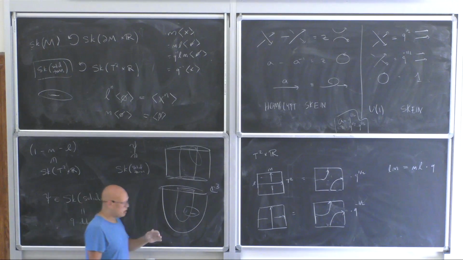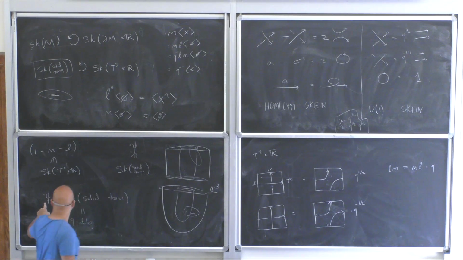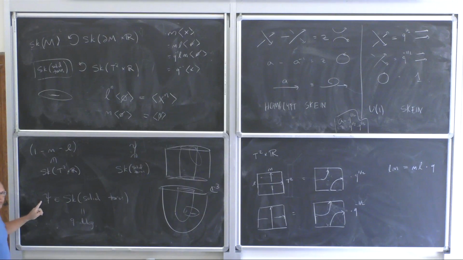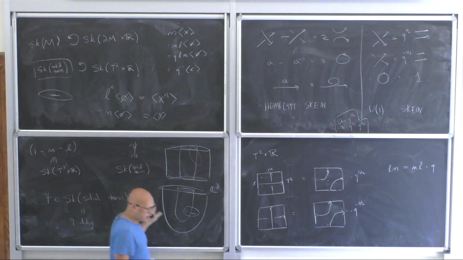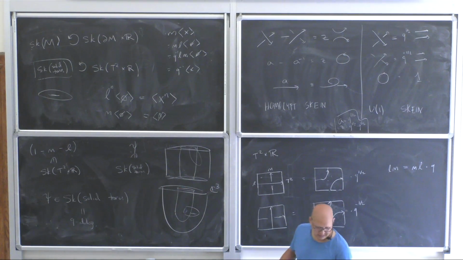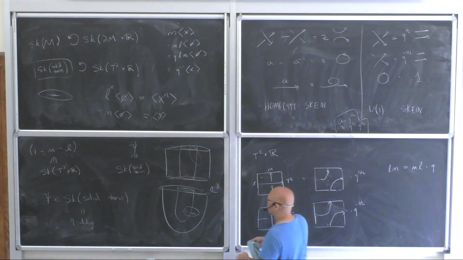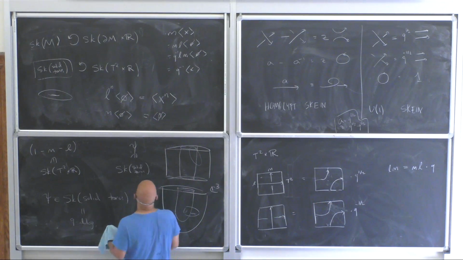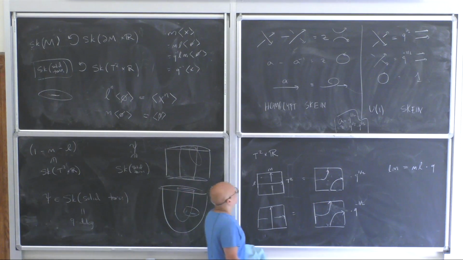So that's the goal: to make conjugation by this element appear. Now let me describe some kind of geometry in which this is going to happen.